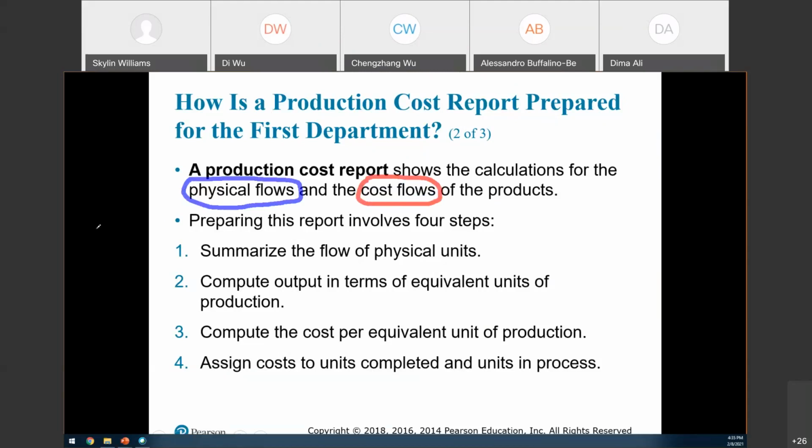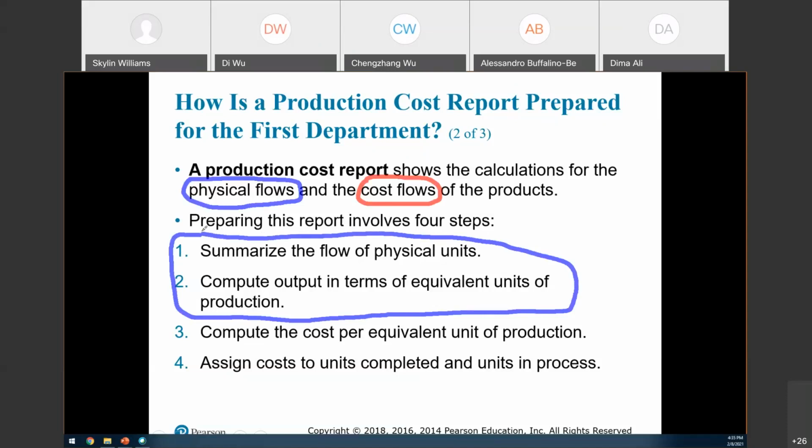So, regarding physical flows, we first of all need to summarize the flow of physical units, and then compute output in terms of EUP, equivalent units of production.